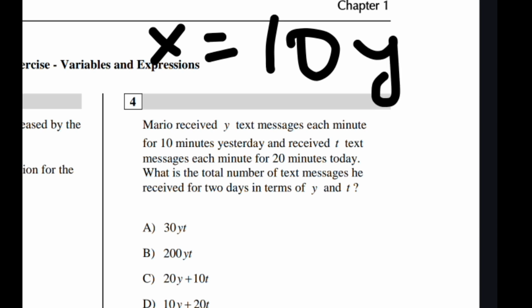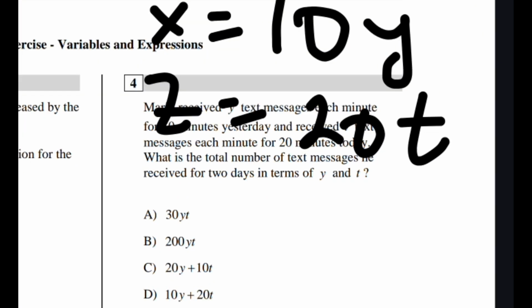Then he receives t text messages each minute for 20 minutes today. Therefore, in the other case, z equals what? That will be 20t. That's what it looks like. What is the total number of text messages he received for 2 days?